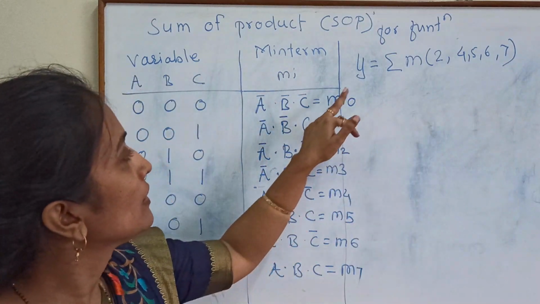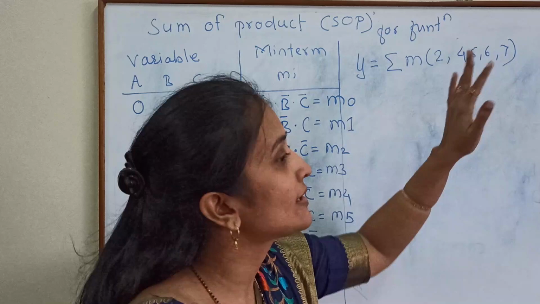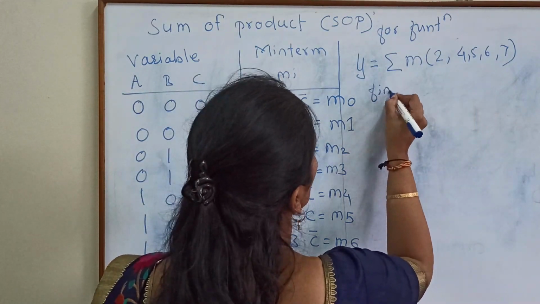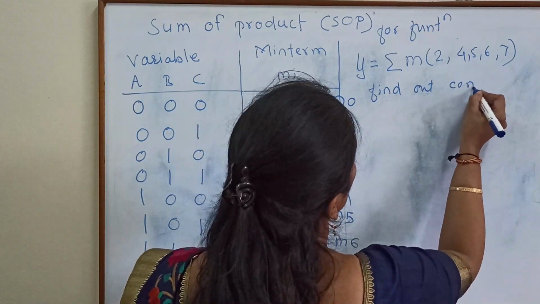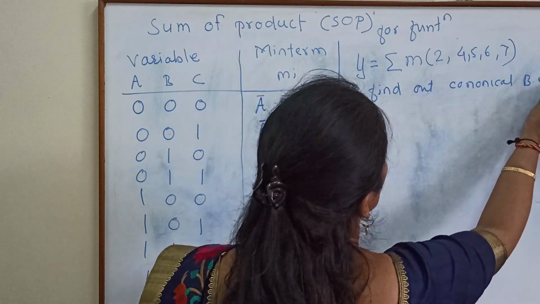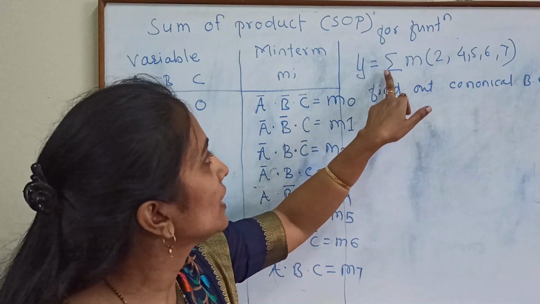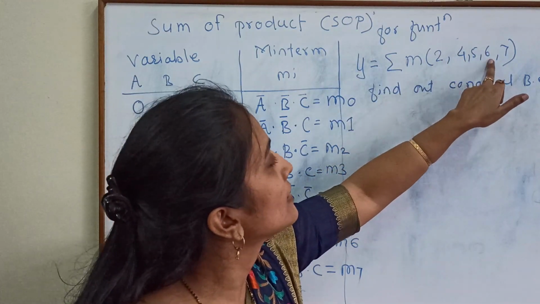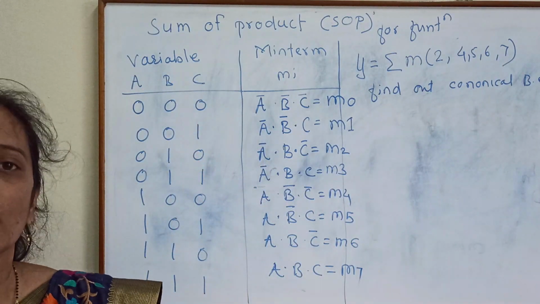For the function y is equal to summation m 2, 4, 5, 6, 7, find out the canonical Boolean expression. If the function is summation of min terms 2, 4, 5, 6, 7, find out the canonical Boolean expression.